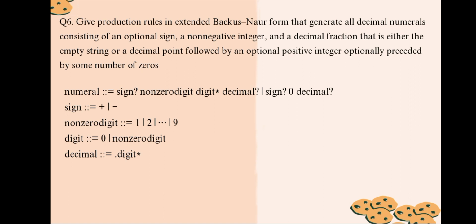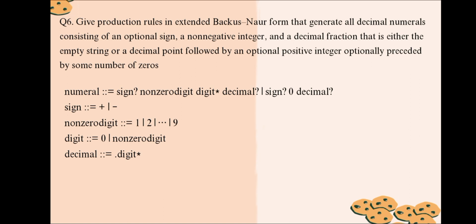The numeral identifier represents the entire decimal numeral, and the sign identifier is used to represent the optional sign, either plus or minus, or the empty string. And in this case decimal represents the optional decimal part of the number.